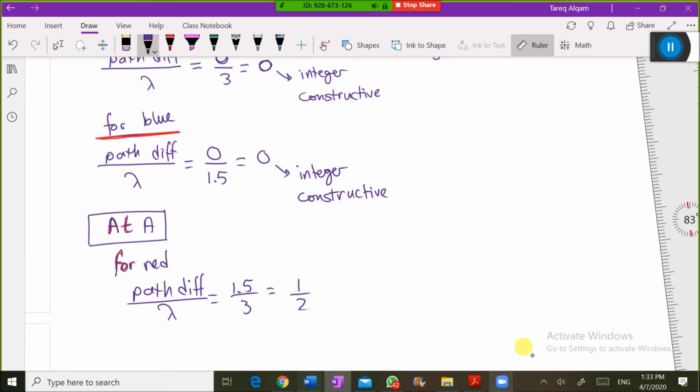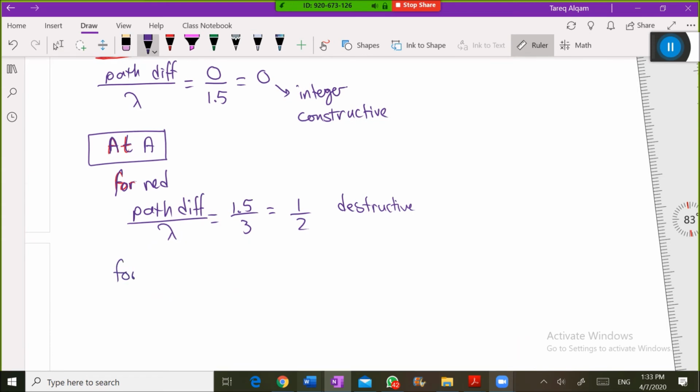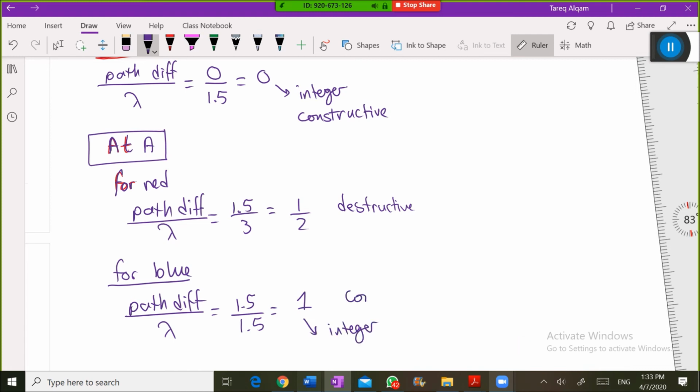This is destructive interference. Let's check for blue. Path difference over wavelength: 1.5 over 1.5. This is 1, an integer. So here we have constructive interference. Destructive interference is an odd integer over 2. So what does this mean, guys?